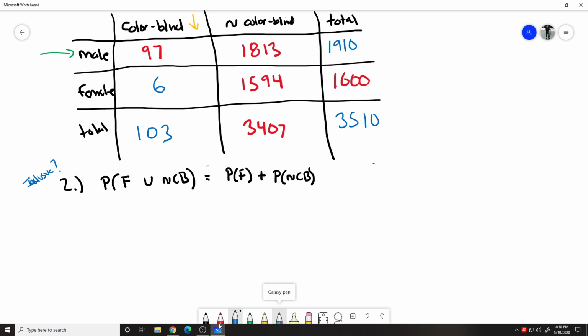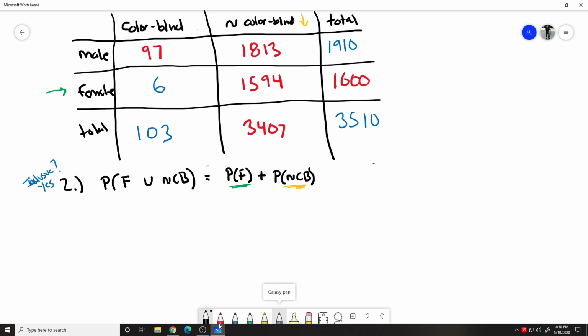Well, probability of female. You can see that that is a row that goes across. What about not colorblind? Not colorblind is a column. So these things overlap. They intersect each other, which means yes, this is an inclusive question.